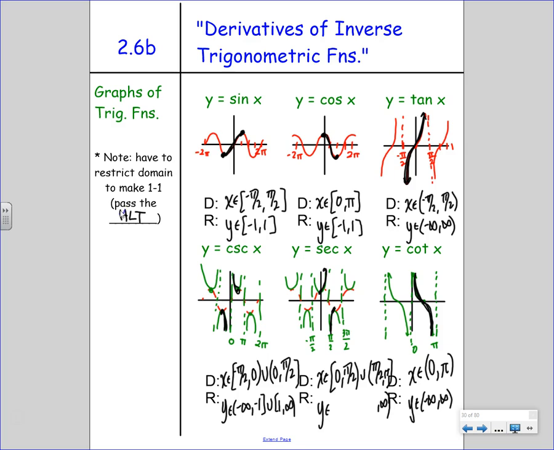Now technically, guys, we kind of have this stuff in our basic graphs, right? I'm just trying to give you a quick visual that you can look at when you're doing 2.6b, if you need to solve for actual inverse trig values, etc. I've been starting all these sections with pre-cal review. So this is pre-cal review. It's not something that you have to memorize every single one.